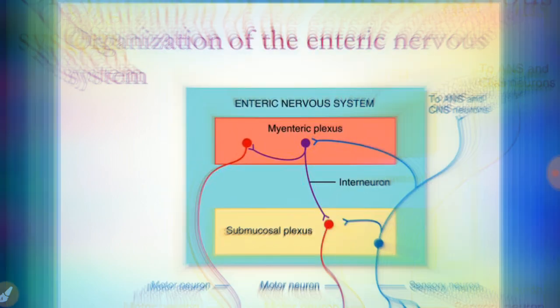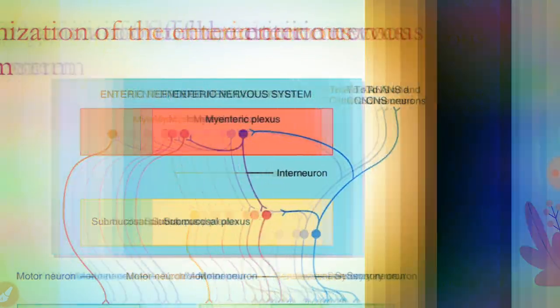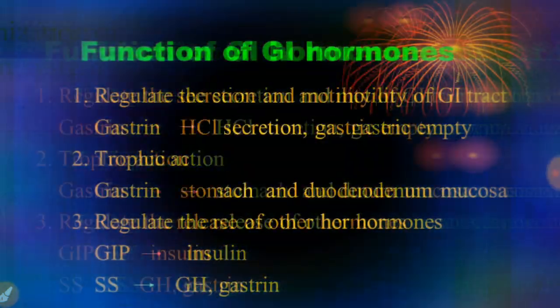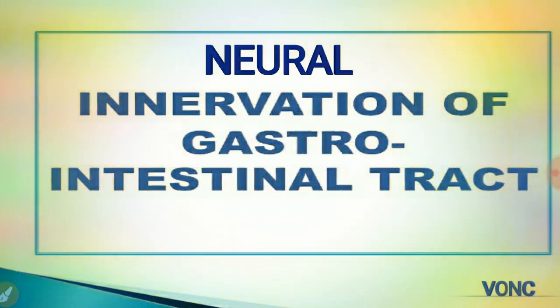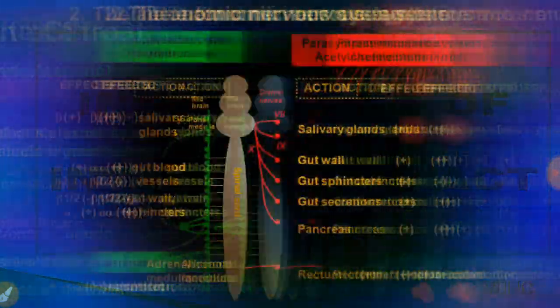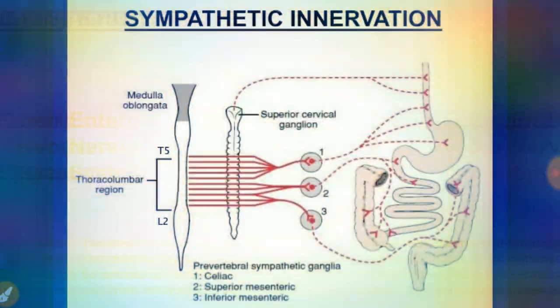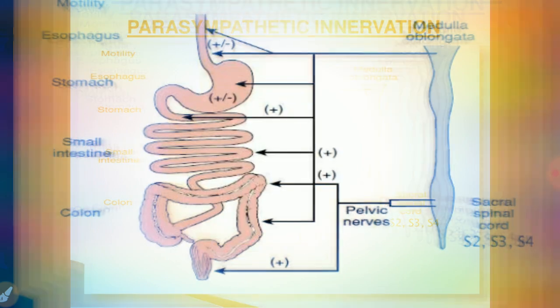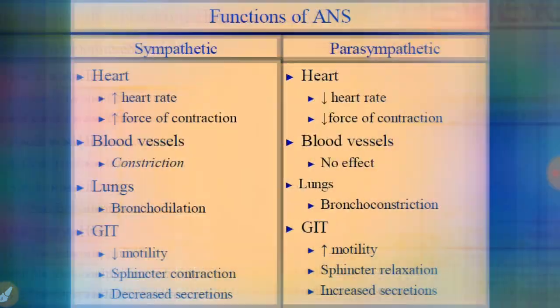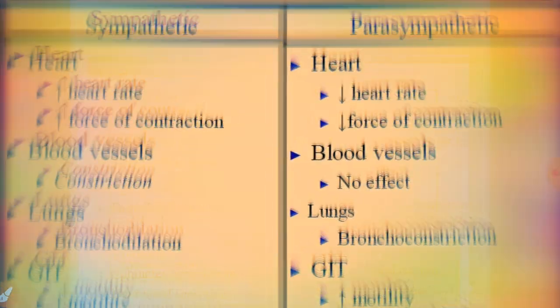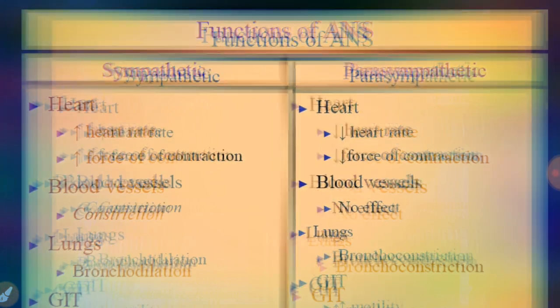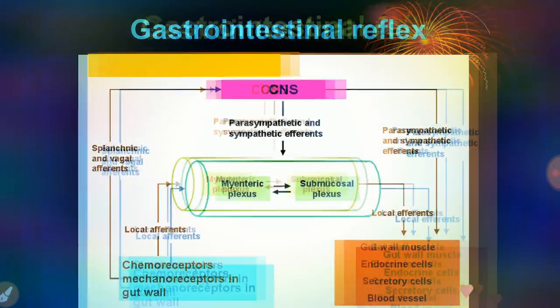So what we have seen today is the neural innervation of the gastrointestinal tract. Majorly we discussed two types of innervation: the enteric nervous system and the autonomic nervous system. We saw the enteric nervous system, sympathetic innervation, parasympathetic innervation, the difference between the sympathetic and parasympathetic nervous systems, and the gastrointestinal reflex pathways.